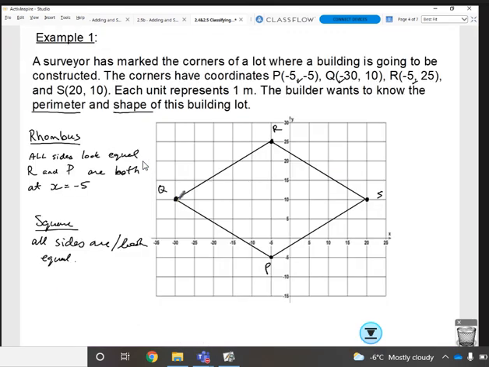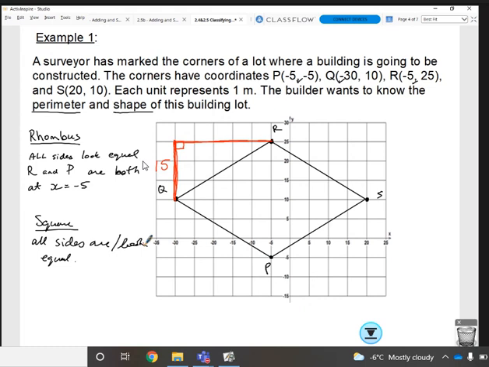QR. If we draw the right triangle, yes? What's the vertical change? Or perhaps y2 minus y1? 1, 2, 3. 3 boxes, I know, but each box counts as 5. So this is 15. Yeah?